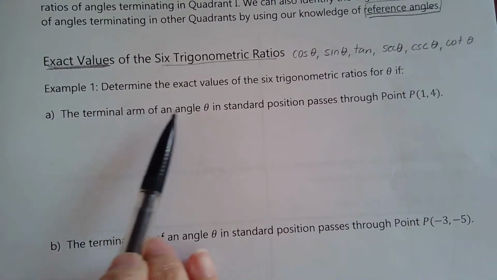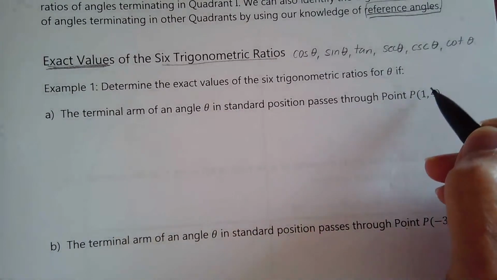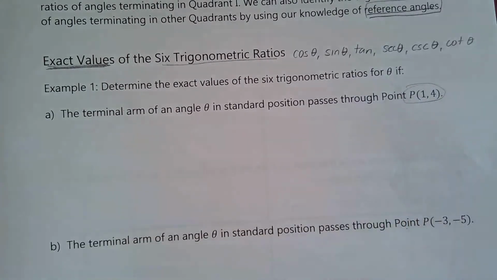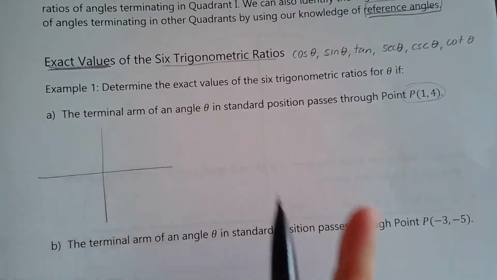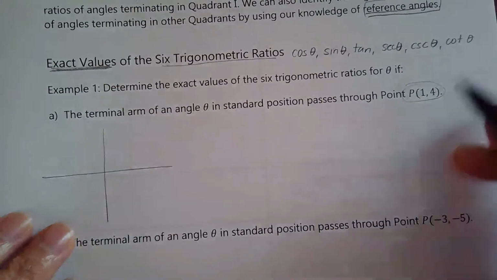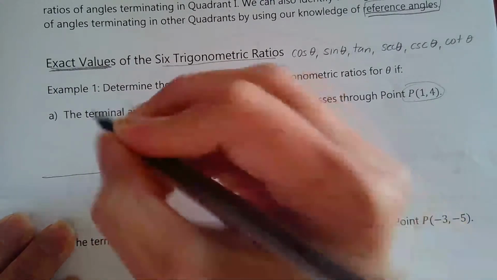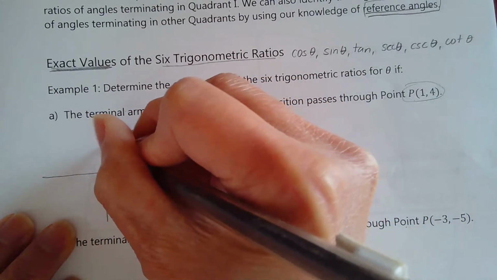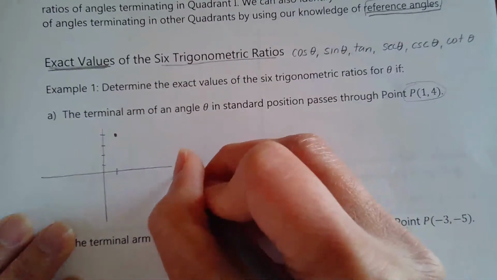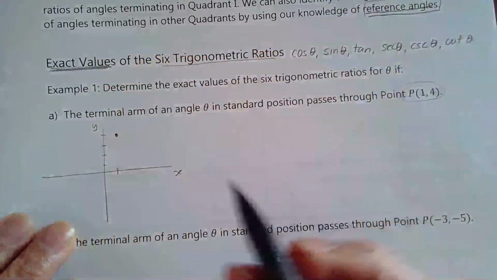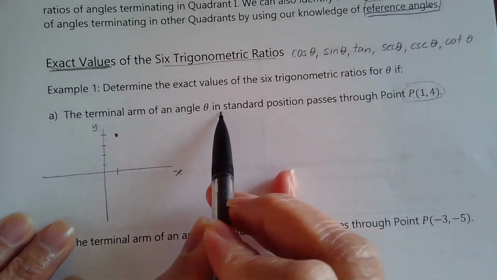The terminal arm of the angle in standard position passes through the point 1, 4. Let's visualize where this point is. Point 1, 4: 1, then 1, 2, 3, 4. This is x, this is y.